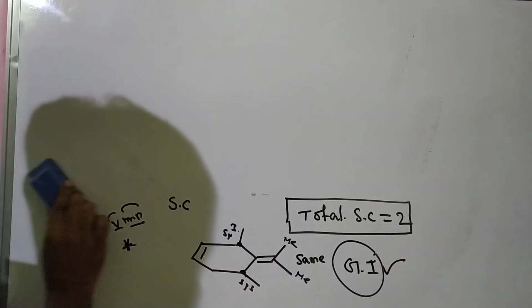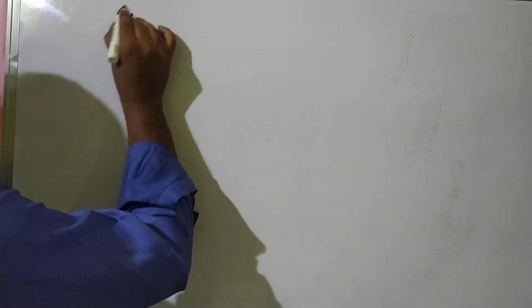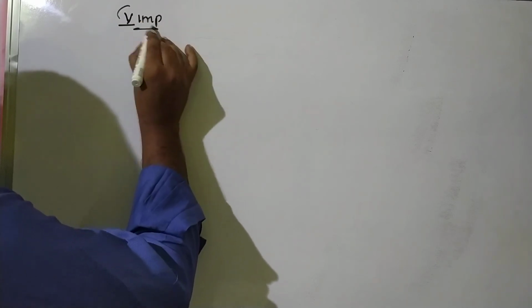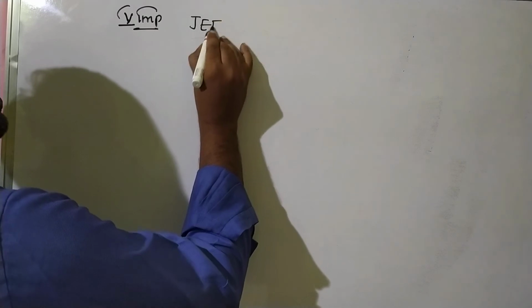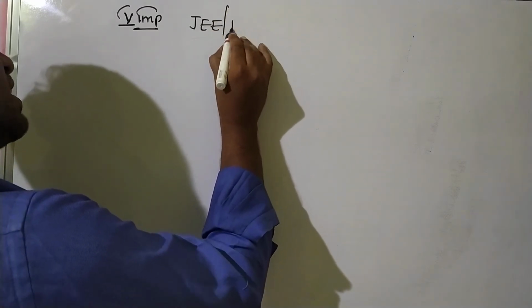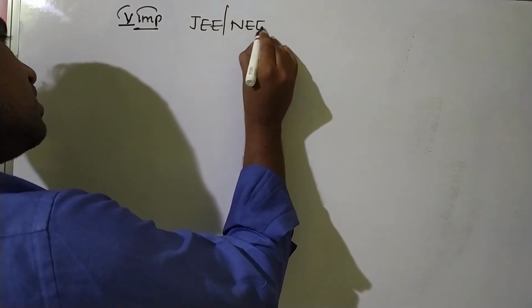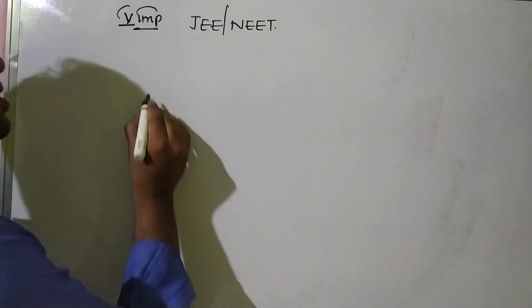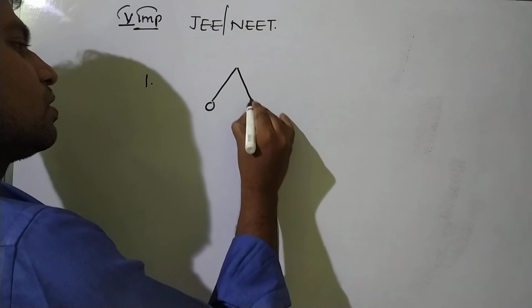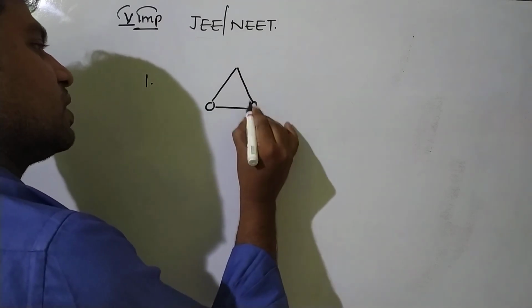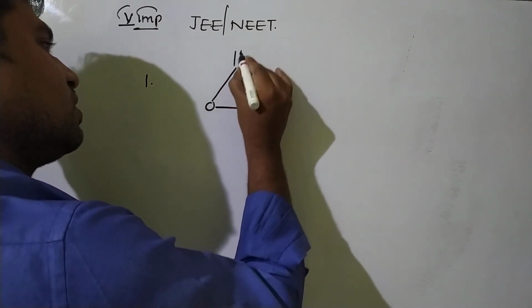Okay, students. Now we will discuss some other very important applications for JEE Advanced, Mains and NEET. So please listen, students. This is one organic compound, and this is the double bond.